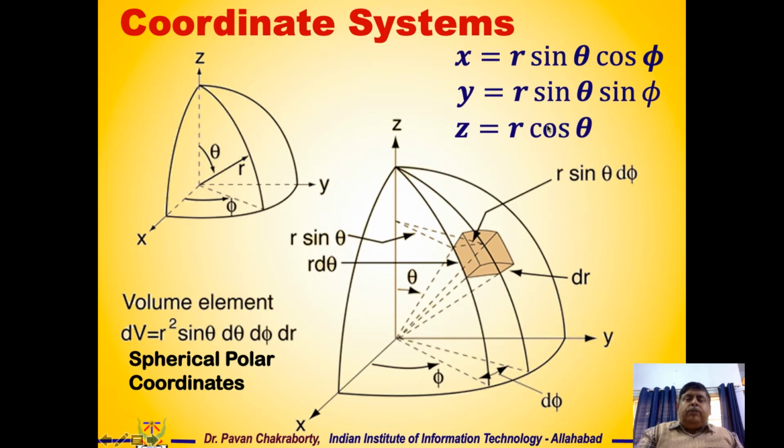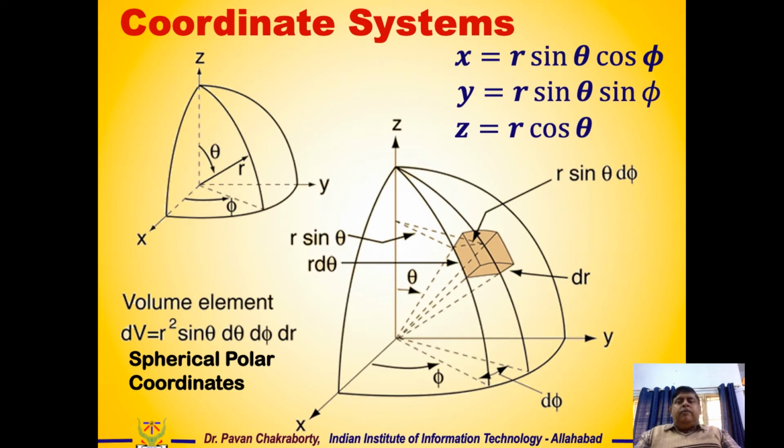The projection of R, the direction R on the XY plane, is R sin theta. Since this is R cos theta, the projection is R sin theta, and the X is cos phi and Y is sin phi. So can you prove this?